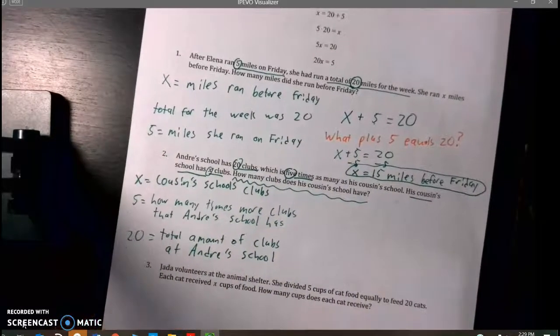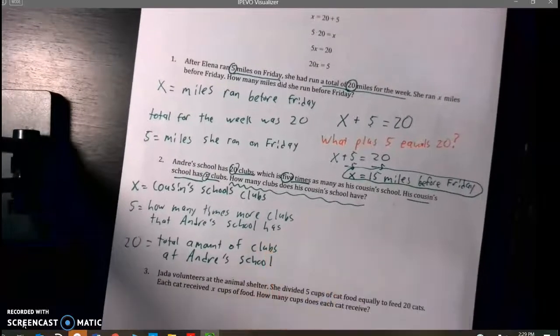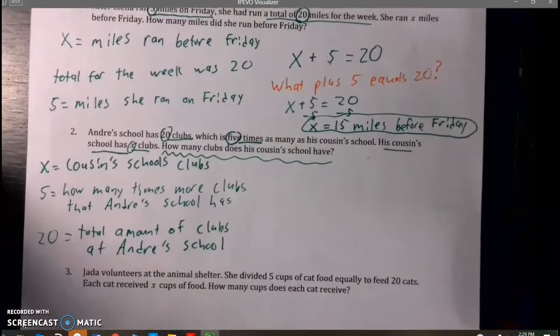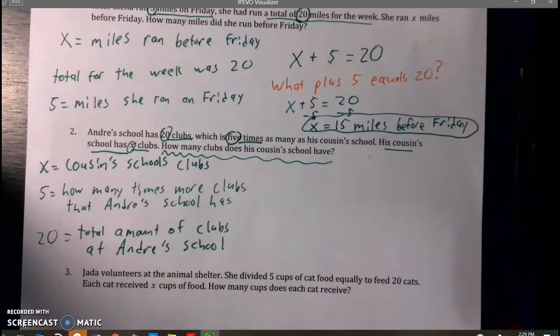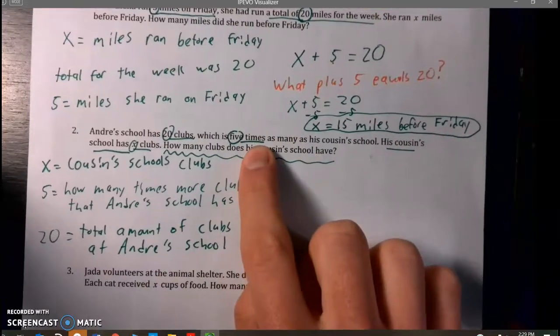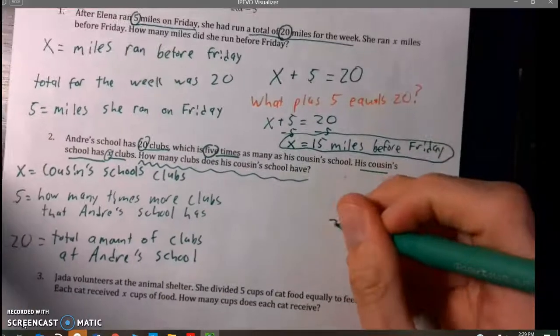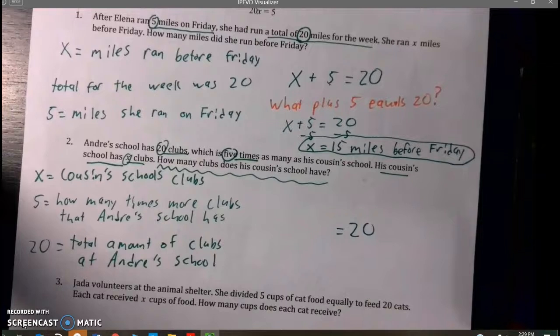So, once again, it's up to us to determine what operation is happening in this problem. If you read the word problem closely, there's a word that gives it away, actually, and that word is times. Whenever you hear the word times, instantly you should be thinking about multiplication. Okay? So, if this is a multiplication problem and 20 is the total amount of clubs, that's going to be on its own.